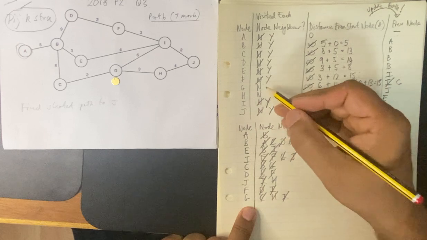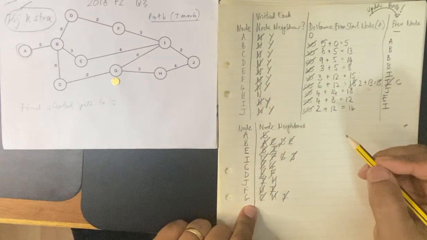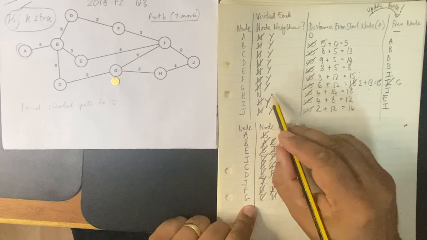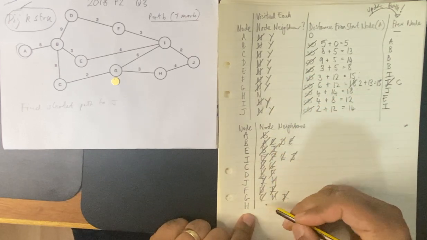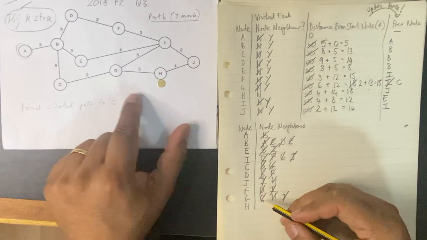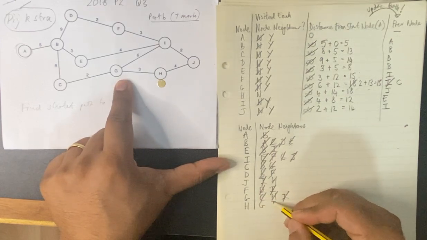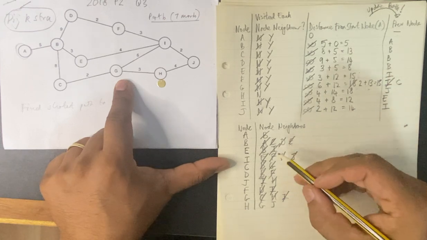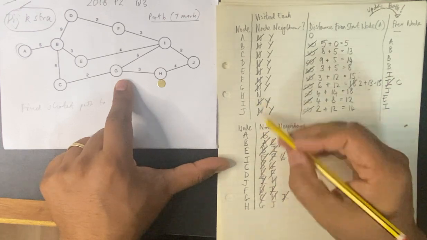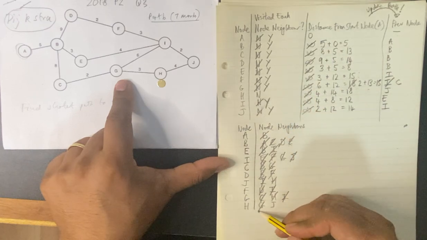Now, we've finished looking at all the neighbours of G. Okay, now there's only one that we've got left, and that is H. And we can move our coin over to H. What are the neighbours of H, G, and J? Right, so let's process the G first. It's already got a Y in it, so we don't need to do anything.